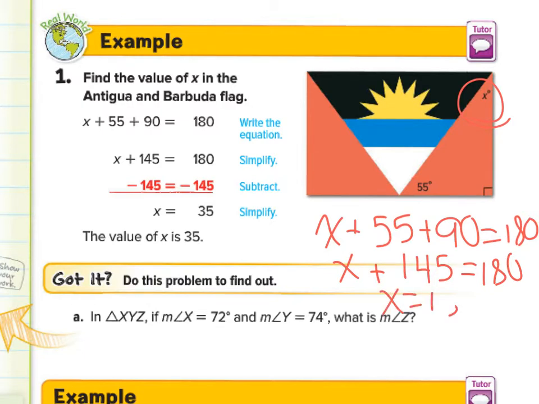So we have our 180 minus 145, and we solve right there, and x equals 35. So that's the way we would do it in class. Over here, they're using the subtraction property of equality to subtract the 145 from both sides in order to isolate the x, which is what we did. We just inverted. We didn't use the property. We simply inverted the operation, and we have x equals 35.